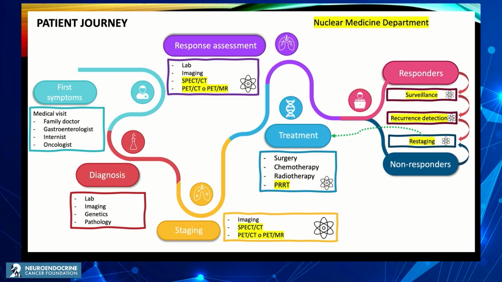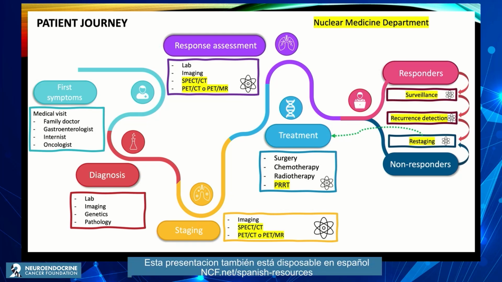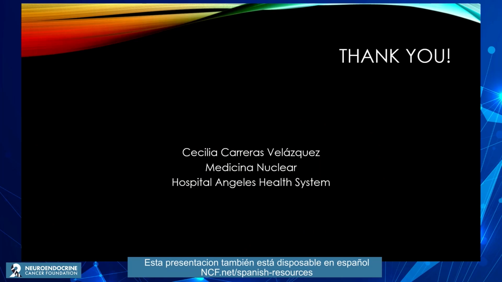After the treatment, which could be surgery, chemotherapy, radiotherapy, or PRRT, the patient must be evaluated for response assessment, with laboratories, imaging, and any study from the nuclear medicine department. After the treatment, we can divide the patients into responders and non-responders, and in both cases, they will attend regularly the nuclear medicine department.